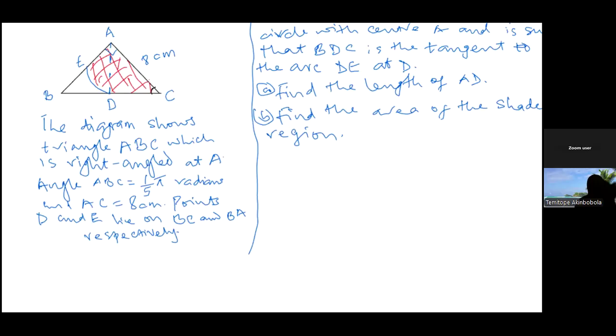Now look at this. This angle has been given from the question that angle ABC is 1/5 pi. So this angle here is pi over 5.